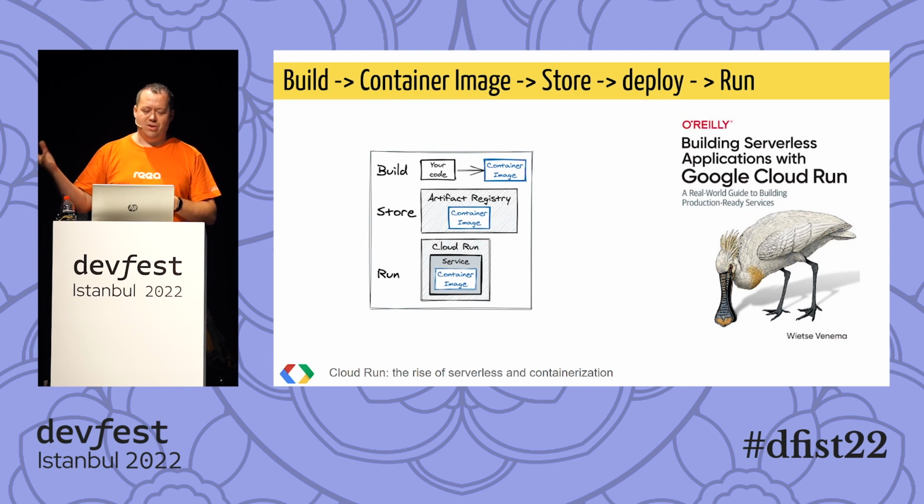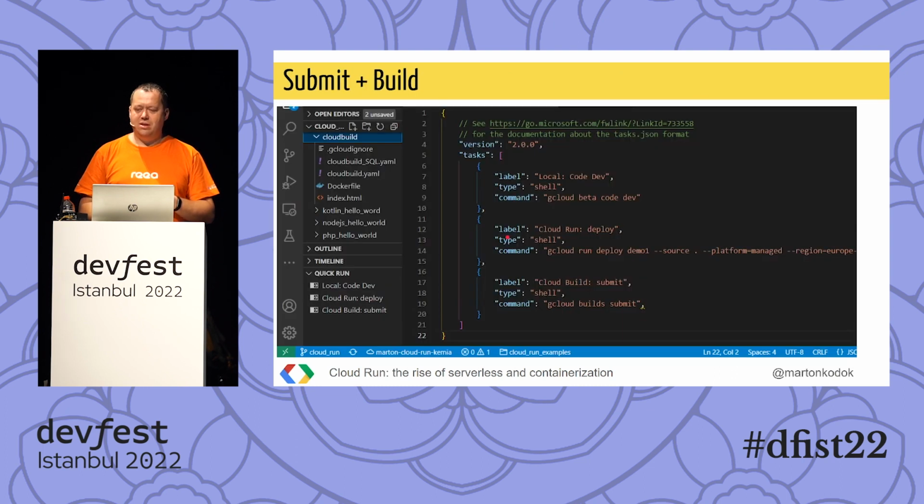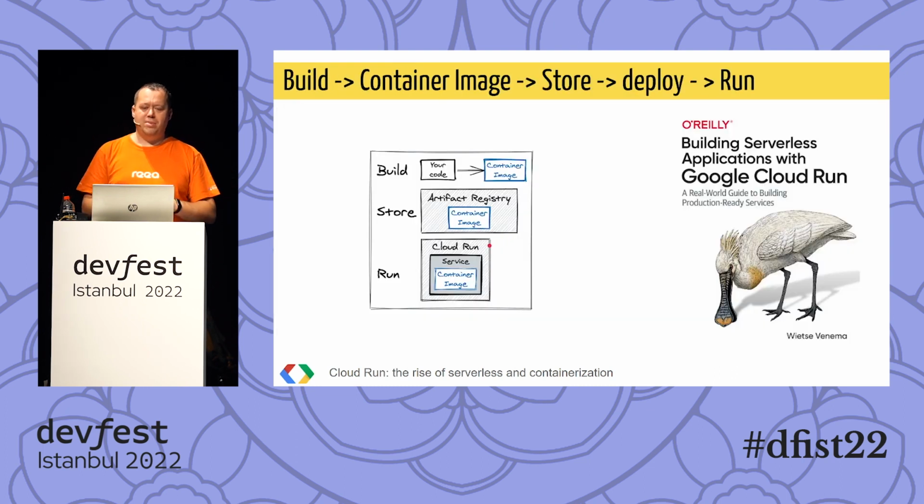It's just there, it's stored for you. After that, the container image is being taken and published on Cloud Run itself. There is a service, you name the service, like Devfest website or demo application, and then that image can be turned on many times. So it will serve traffic as it scales up.